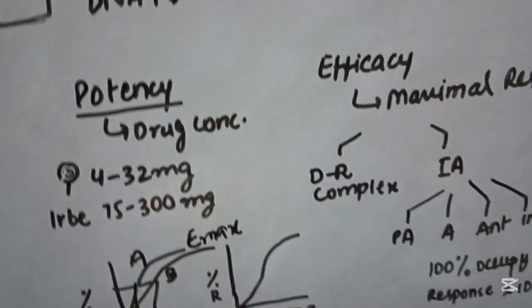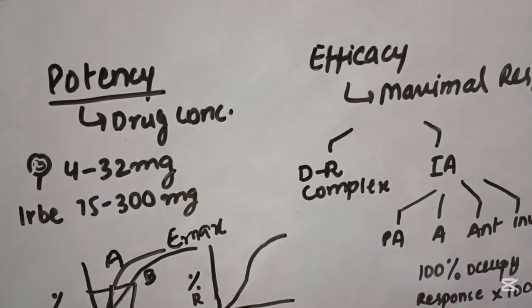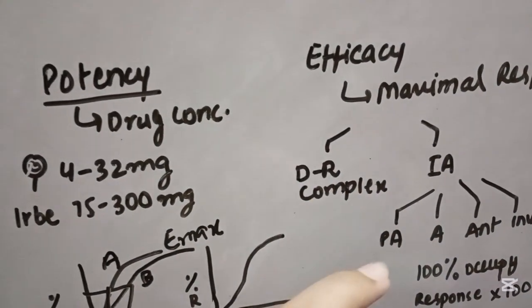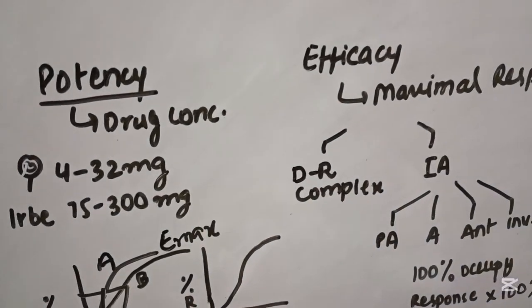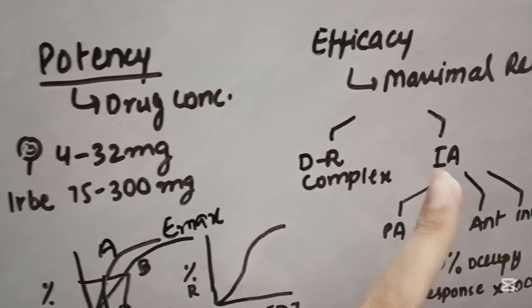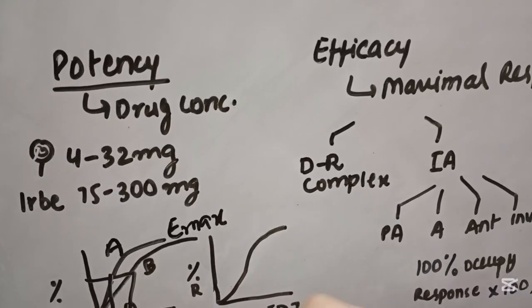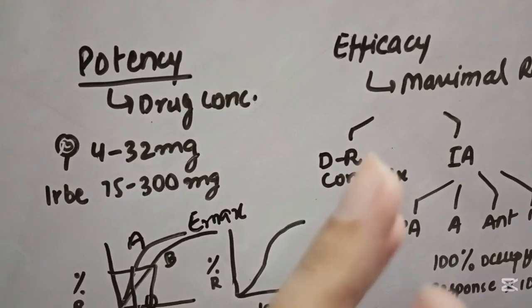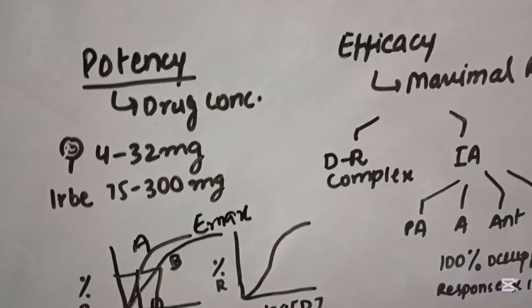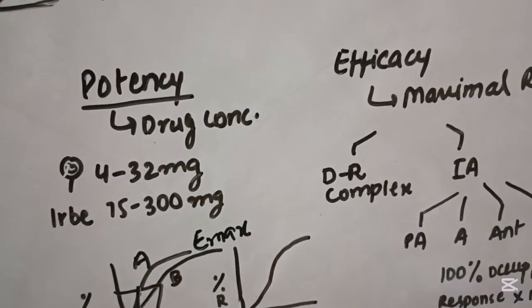Efficacy depends on two things: one is the drug receptor complex formation, and the other is the intrinsic activity. We all know that the binding of the drug with the receptor is essential for the response, and the more complexes are formed, the more the response.